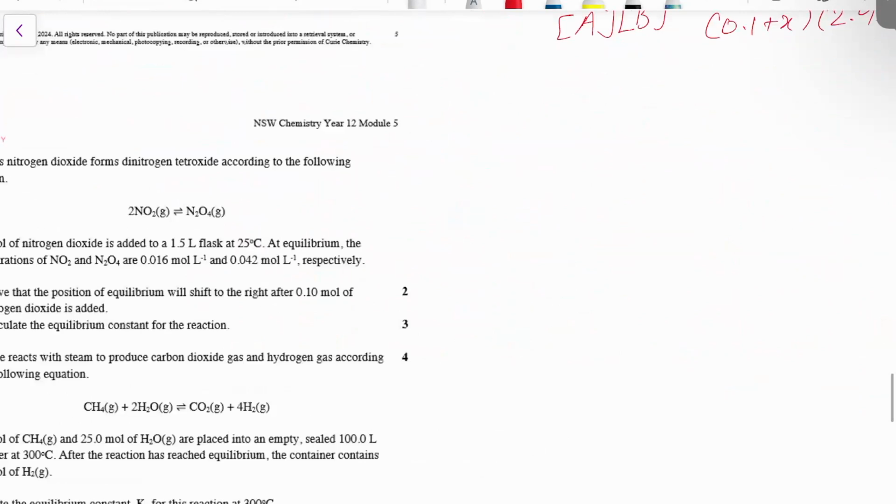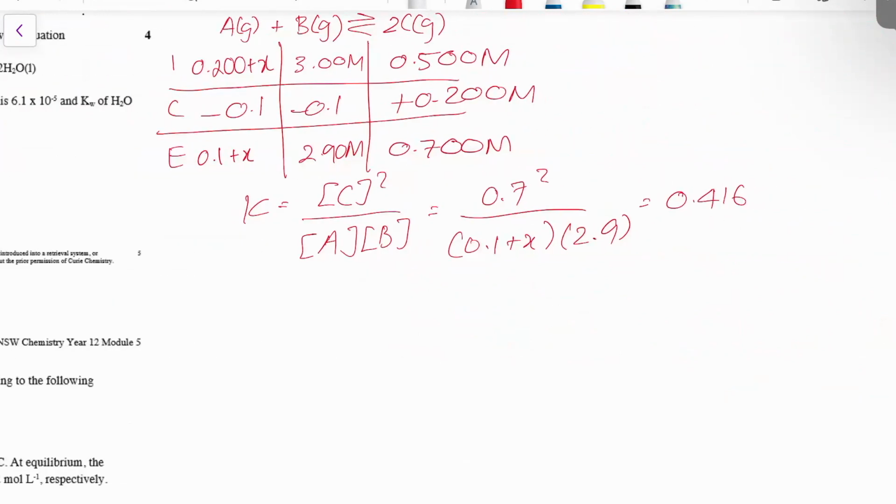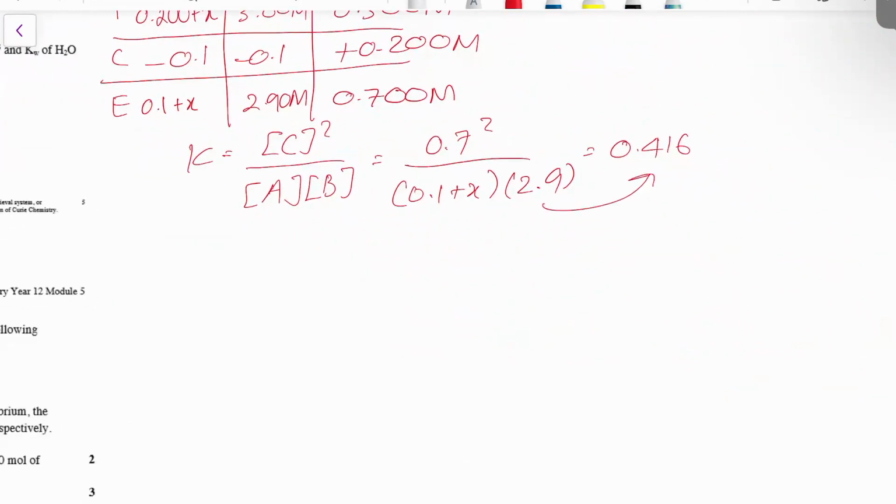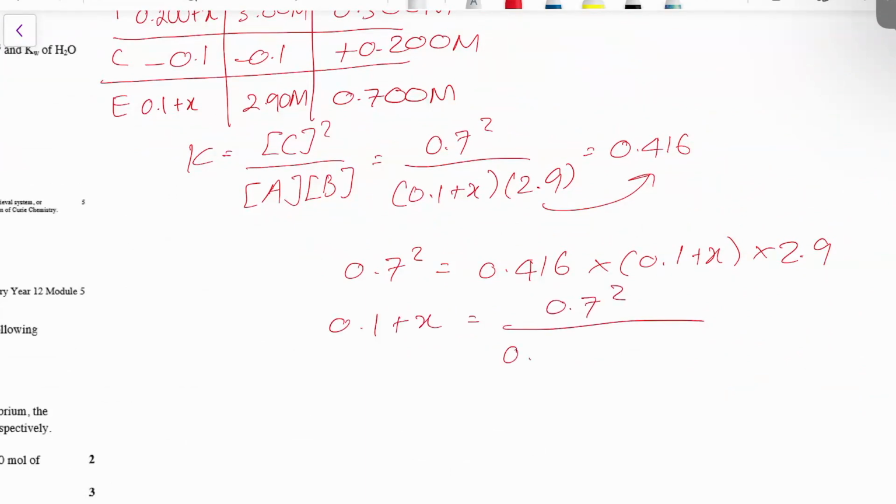And then we rearrange this to get X. Let's multiply the denominator out first: 0.416 times 0.1 plus X times 2.9. Divide the 0.416 and the 2.9 over. So 0.1 plus X is 0.7 squared on 0.416 times 2.9. And then I'll minus my 0.1. So what do we get for X?